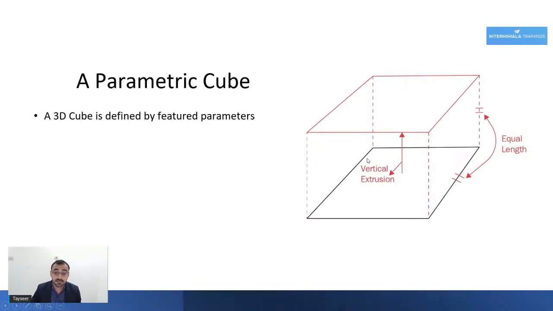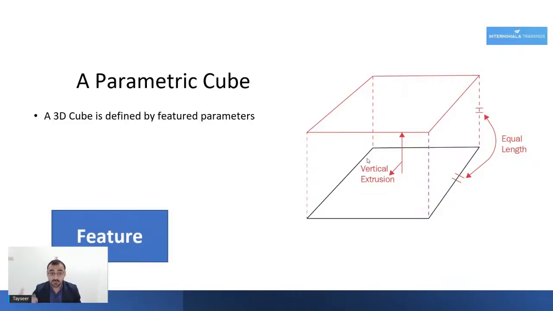Again, that's another parameter, and now all of a sudden we have a cube, right? And for the sake of common language, this idea of extruding our square into a cube, we're going to call that a feature, right? So now we've learned 2 terms: sketch, which is a 2D square, and then a feature, which has transformed this 2D square into a cube.